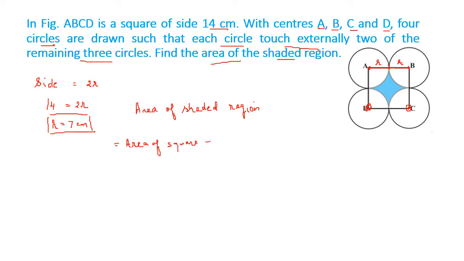You take the area of the square ABCD, and from this, what will you have to subtract? You will have to subtract these four quadrants. If you remove the four quadrants from ABCD, you will get the shaded region. So minus 4 into area of quadrant.